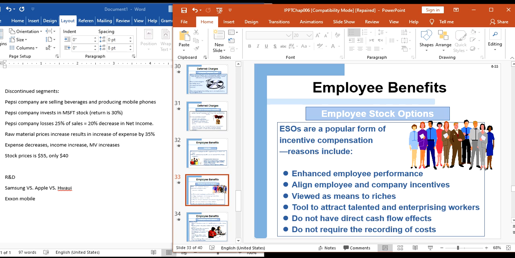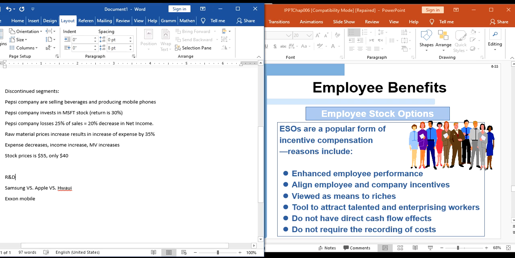So what are employee stock options, ESOs? Okay, so don't get confused over here. It is a kind of incentive to the CEO, to the manager of the company.